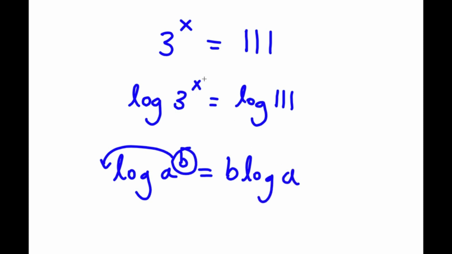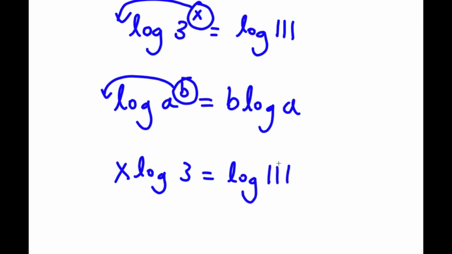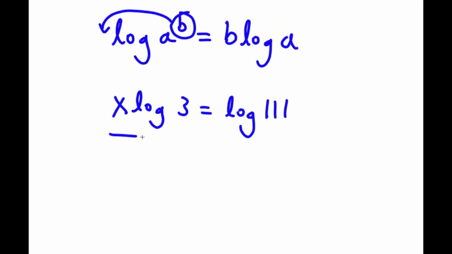So for log 3 to the power of x, I can move x to the front. So now that would lead to me having x times log 3 is equal to log 111. So now I'm going to divide both sides by log 3.